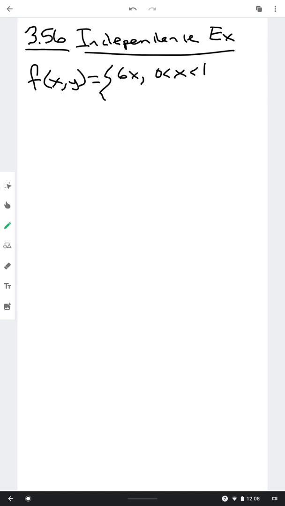Oh, but now we have this dependence relationship of y on x. And y is between 0 and 1 minus x, and 0 otherwise.